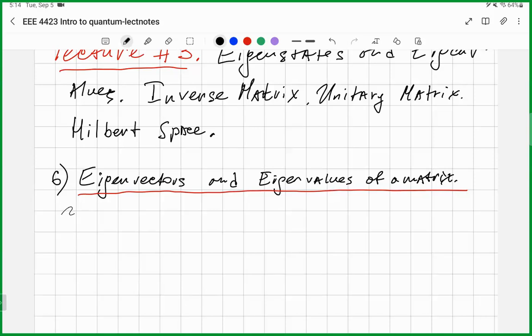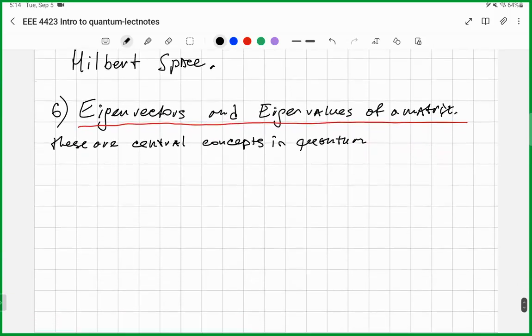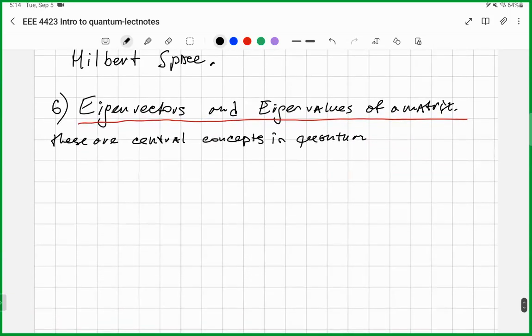So these are central concepts in quantum, right? Because as we will see, eigenvalues represent the states that a quantum system can have or acquire, and eigenvectors become eigenstates.